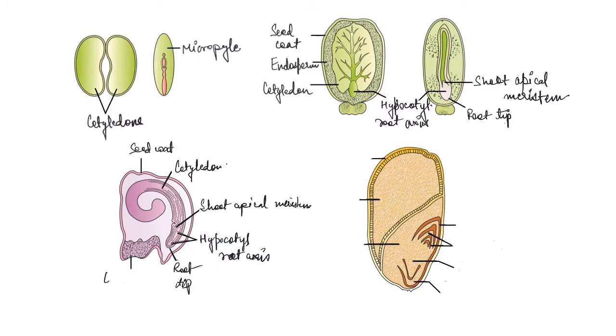Here you'll see that the endosperm is at the tip, right? Now there is another seed, which is basically developing. So this is the pericarp.